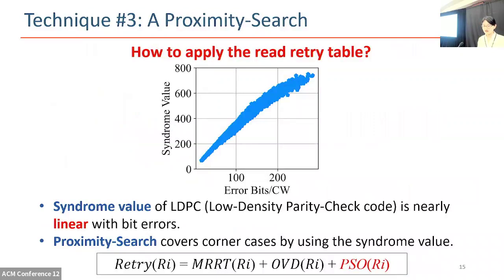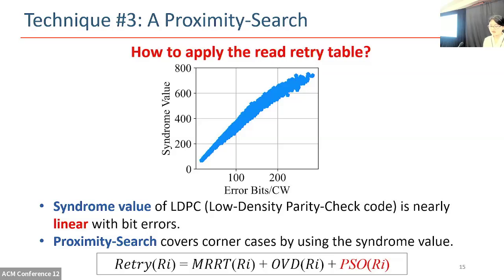So now we have an accelerated retry table, but one more question: how to apply the retry table? The low density parity check code, LDPC, is used for error correction. Every time we read data, it will be transferred to the LDPC engine in the controller. The LDPC code has a syndrome value that is near linear with the bit errors.